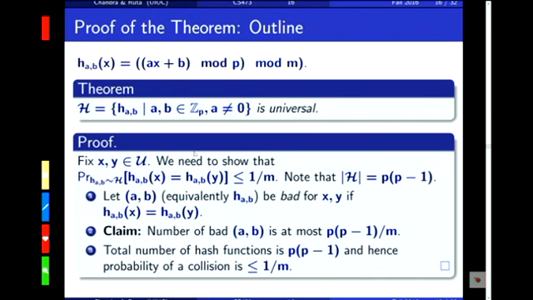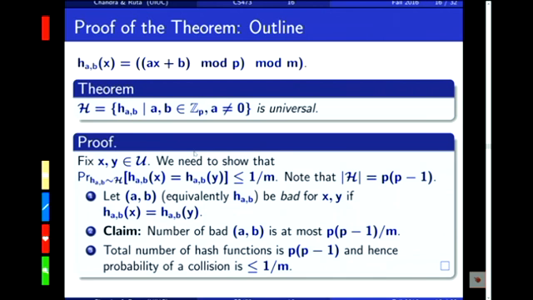So this is simple counting, the simplest method to argue about randomized algorithms. Counting. So basically we have to count the total number of hash functions under which these values collide, in a brute force way in some sense.